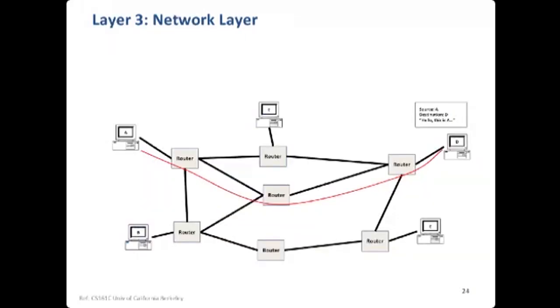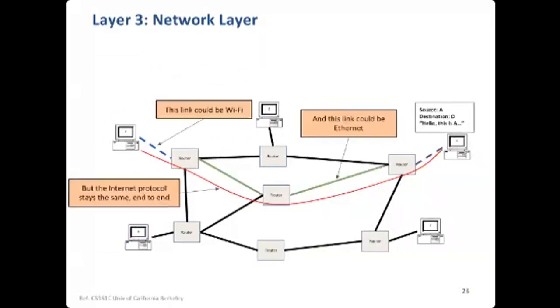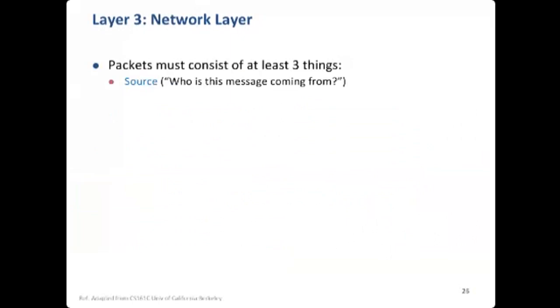In this diagram we have seen, your packet starts from A on the left side and goes to D on the right-hand side. It goes over various layer 2 networks, and links can be of different types like Wi-Fi or Ethernet. Now one thing is there: a packet must consist of at least three things.